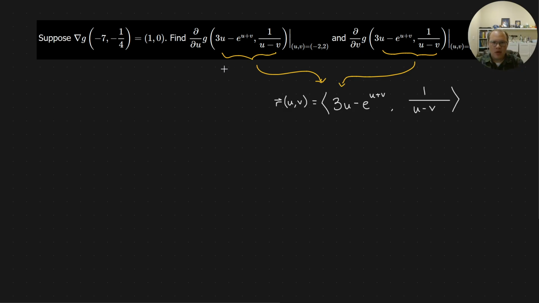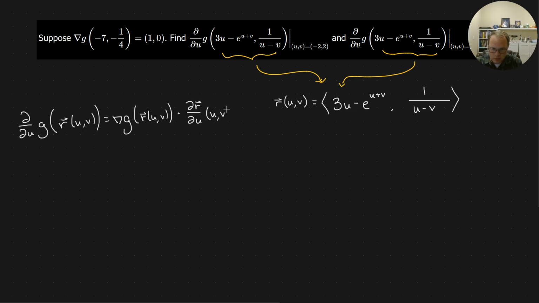Okay? So for the partial derivative of g with respect to u, according to the chain rule, we're going to take the gradient of g and then take the dot product of that with the partial derivative of r with respect to u. And similarly, we want the partial derivative of g with respect to v.